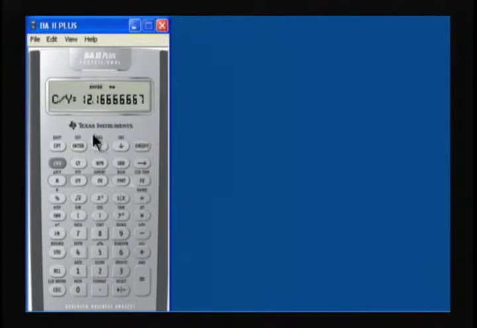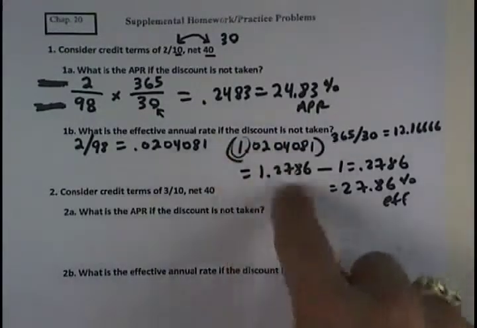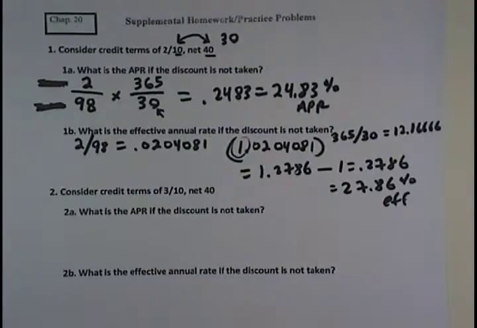Go up. The number of compounds per year was the 365 days in the year divided by the 30 additional days you get to pay if you forego the discount, was the 12.1666. Enter that as your C/Y. Go up to effective and recompute, and you get that same 27.86% that we got when we used the formula. So interest conversion on the calculator gives us that same result.